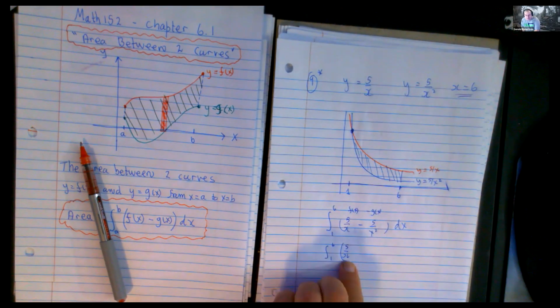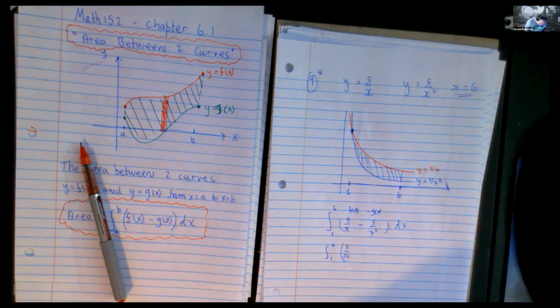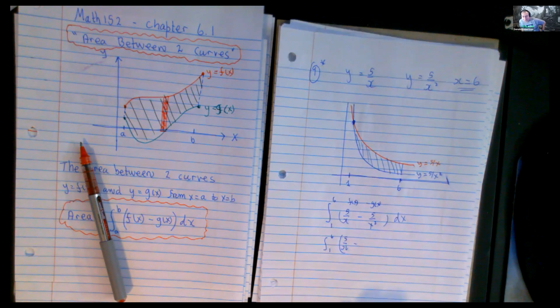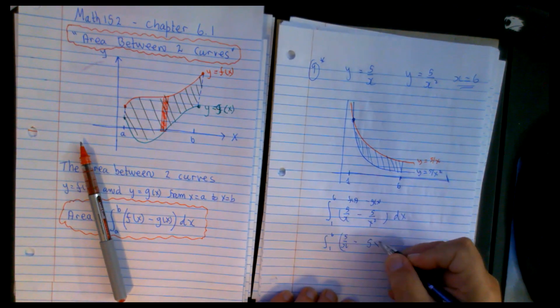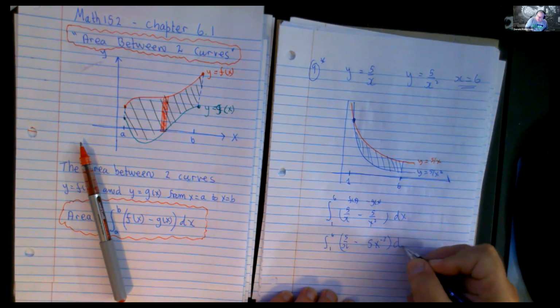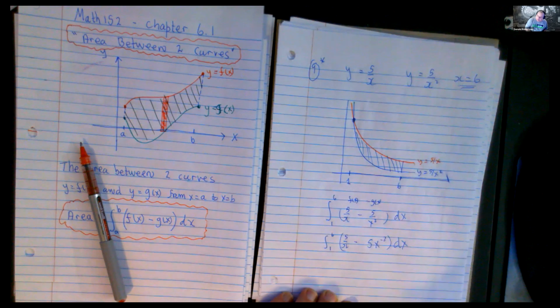I like 5 over x, so I'm not going to do anything to 5 over x. Any suggestions about a better way to write 5 over x squared if I'm going to integrate it? 5x to the -2. And that's so we can use the power rule. Great.